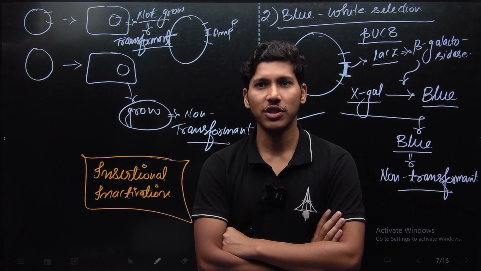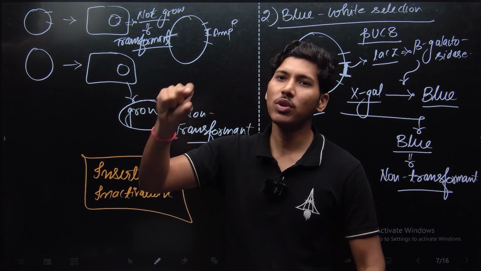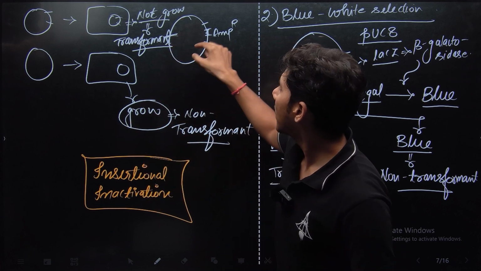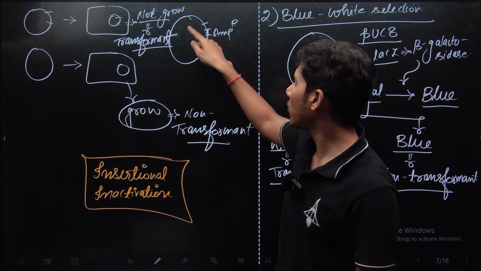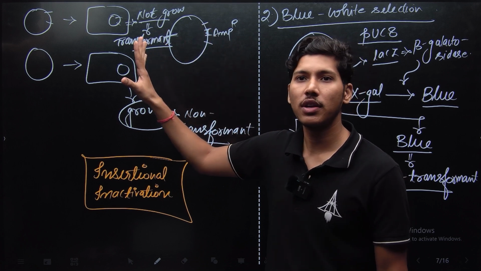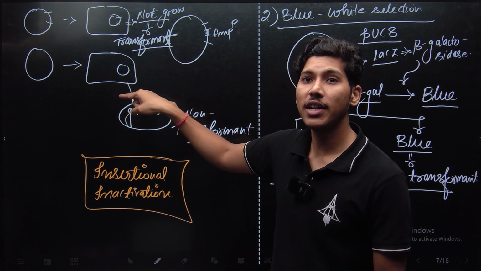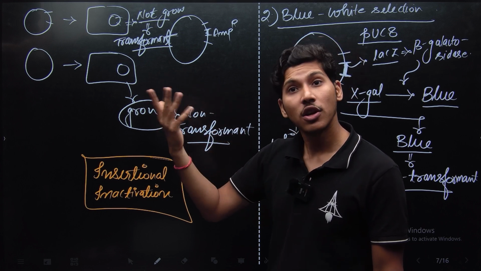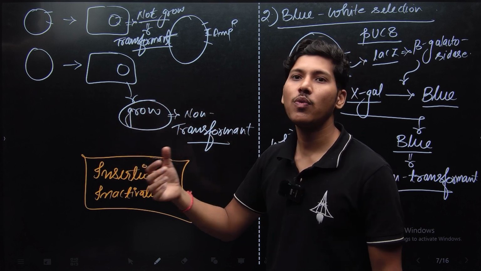The ampicillin resistance gene is there. So if we are able to insert our gene of interest in between the ampicillin resistance gene, then we know that ampicillin resistance will be gone. And if it is not inserted in that ampicillin resistance gene, then the ampicillin resistance will not be gone. And that's how we do it.